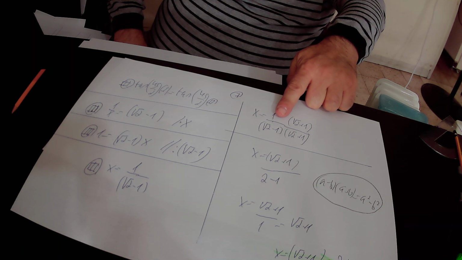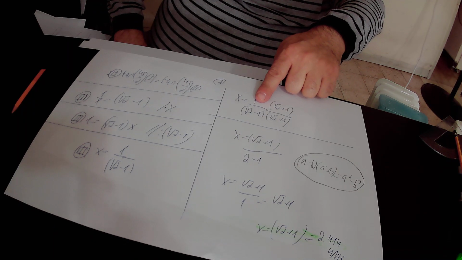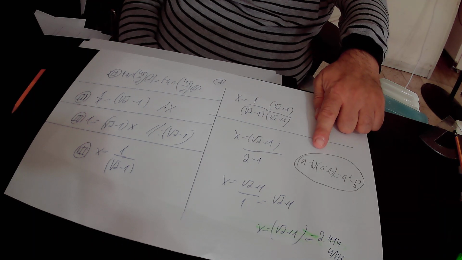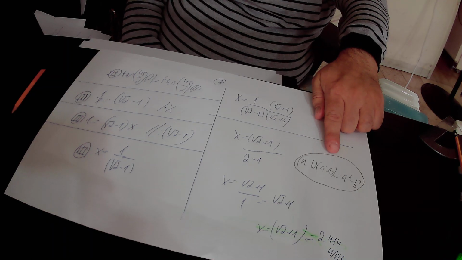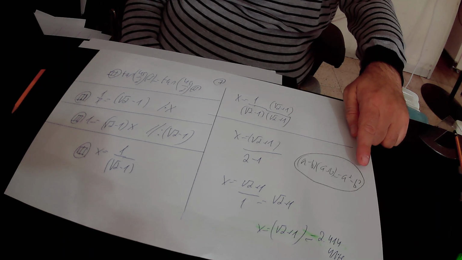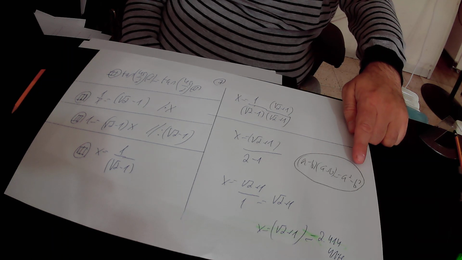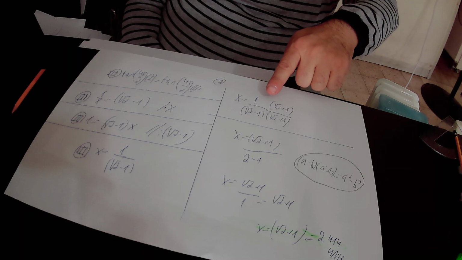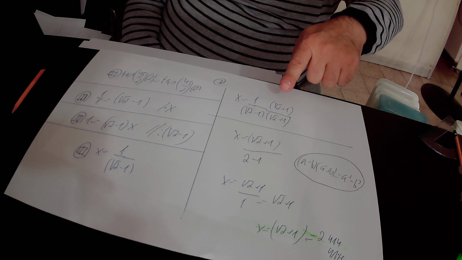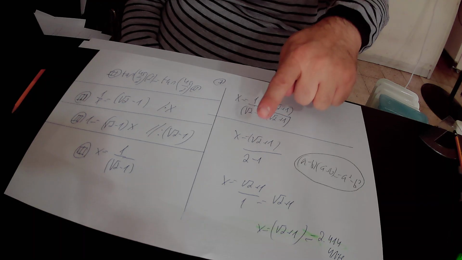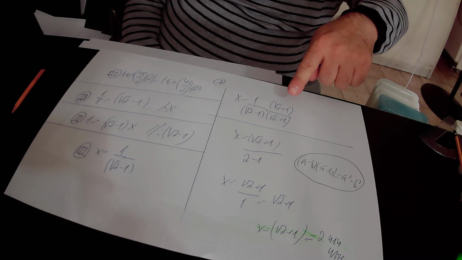In order to find the value of this expression, we implemented the algebraic identity that states that a minus b times a plus b equals a squared minus b squared. According to this identity, this expression equals the square root of 2 squared, that is 2, minus 1 squared, that is 1.